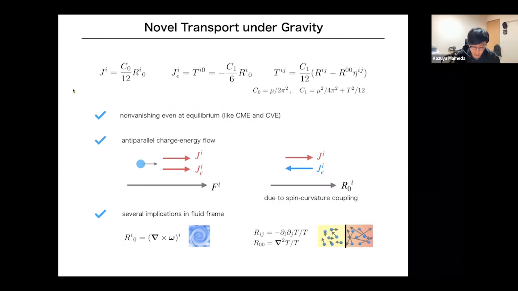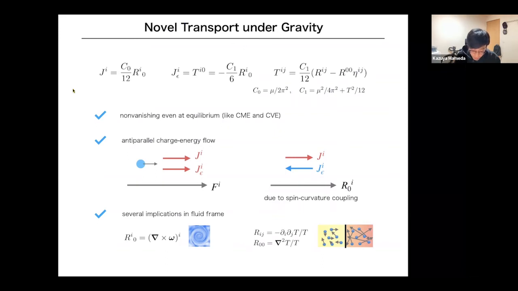So in that sense, these transport phenomena are non-vanishing even at equilibrium. This is a very special property, and it is very similar to the chiral magnetic effect or chiral vortical effect.